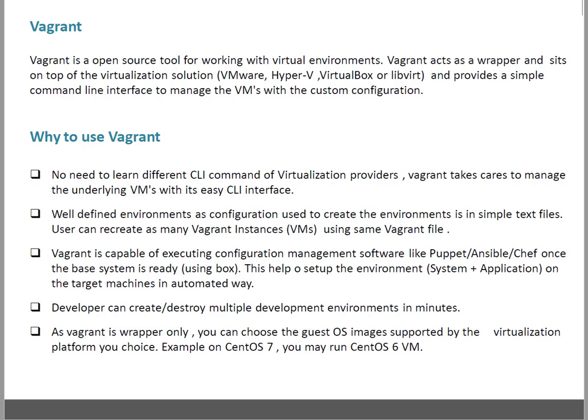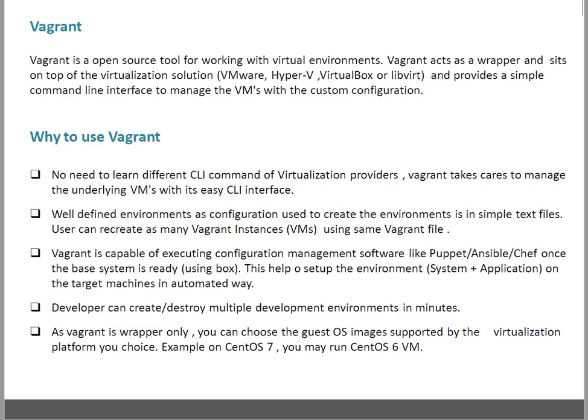Basically, only a single command, which is vagrant, is used for all the configuration. So you can create a sudo rule for the developer to run the vagrant command, and they can create VMs or development environments as per their requirement. Once their testing is done, they can delete it. So they can manage the stack at their level, with no more engagement of the system admin in this work.